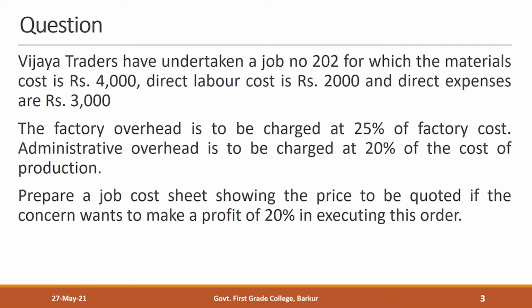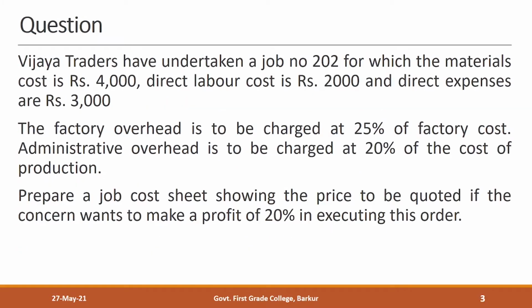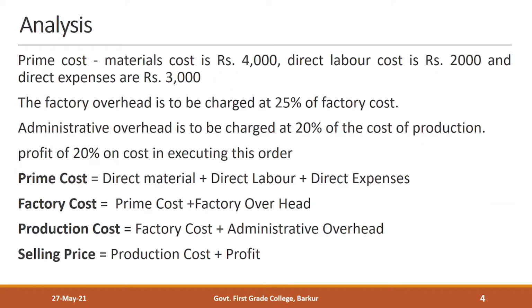Let us now analyze this question further. The job cost sheet needs to be prepared showing the price to be quoted, the selling price which I have to quote to my customer. To arrive at the selling price, we need the production cost plus profit.